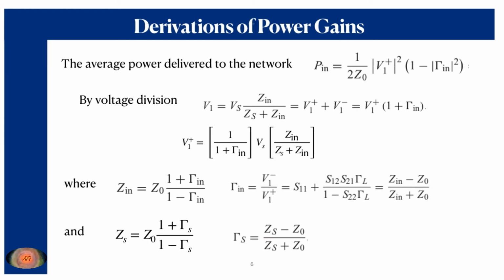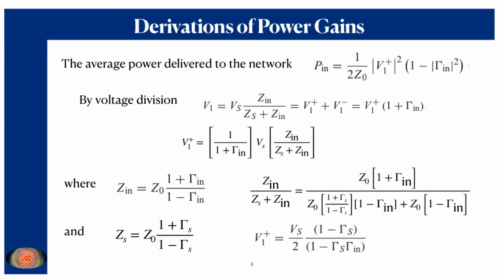with this expression. So from here, Zs can also be obtained containing gamma s as well as Z0. And finally, if you replace these two expressions of Zin and Zs in this expression, then the expression of Zin divided by Zs plus Zin, which exists in this expression, can be written in this form. And finally, the expression for V1 plus can be obtained as shown over here.